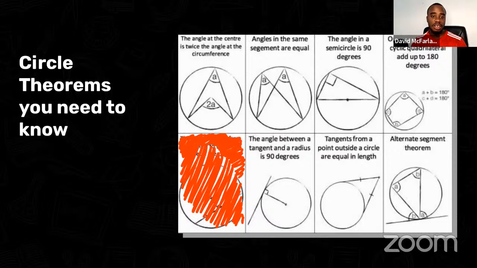Do you see any here that you are not familiar with? In other words, out of 7, which of these theorems are you seeing for the first time? If it's 1, you put 1 out of 7, if 2, you put 2 out of 7.